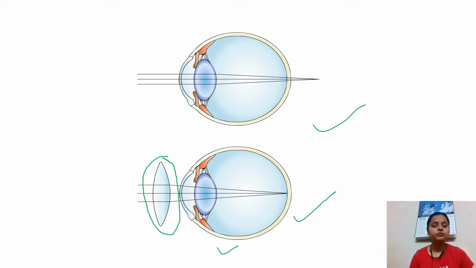So we are using the convex lens for correcting the hypermetropia. So what is this lens doing? Suppose there is a picture, and when the light passes through this picture, it then passes through this lens.